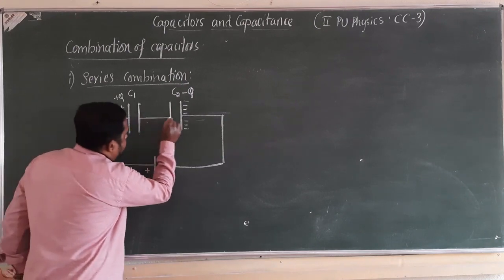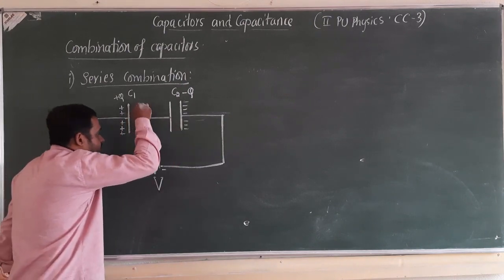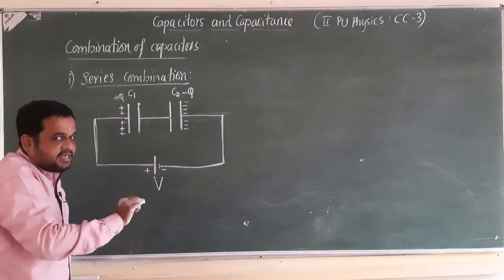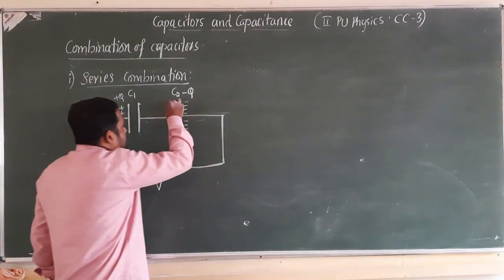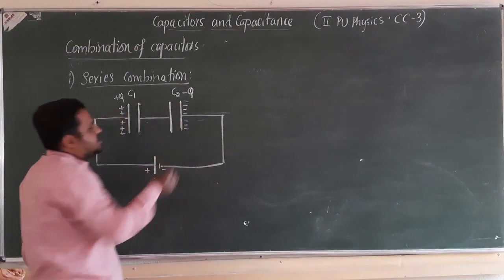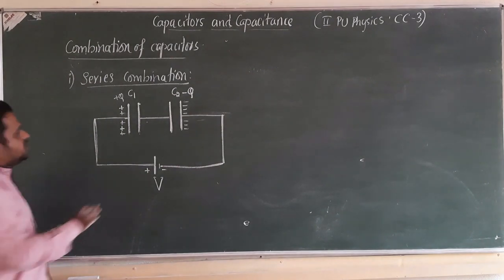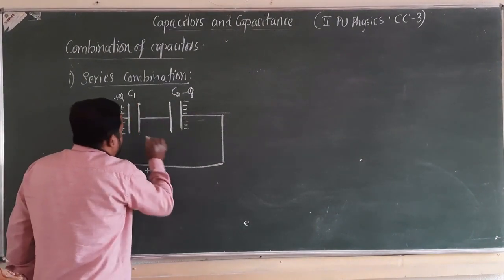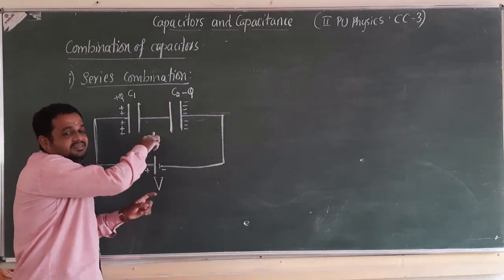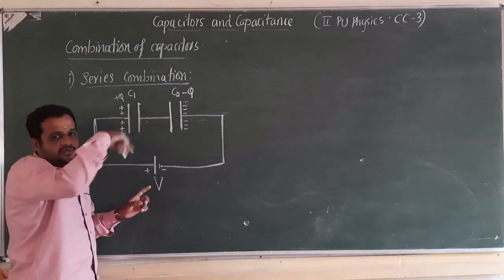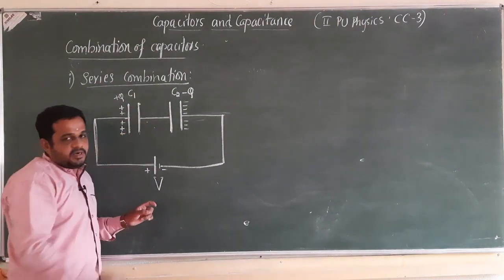Now this is a conductor. This is a plate of the capacitor, which is once again a conductor. This is also a plate of capacitor, therefore it is also a conductor. Totally, if you consider this part, it is equivalent to a single conductor. It is in the shape of capital H, H-shaped conductor.